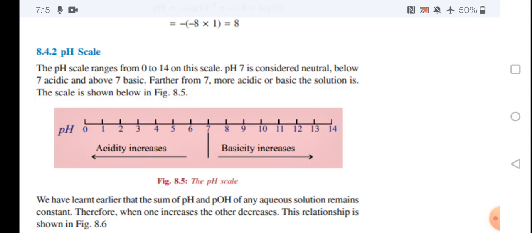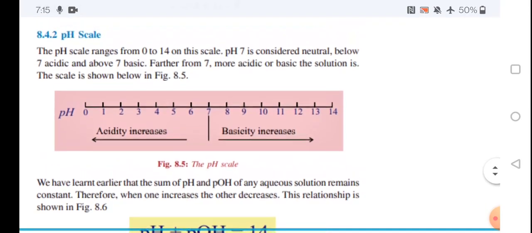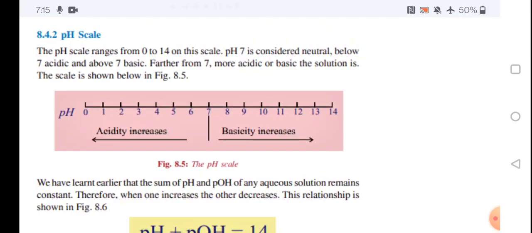See, the pH scale ranges from 0 to 14. On the scale, pH 7 is considered neutral. Below 7 it is acidic, and above 7 it is basic.